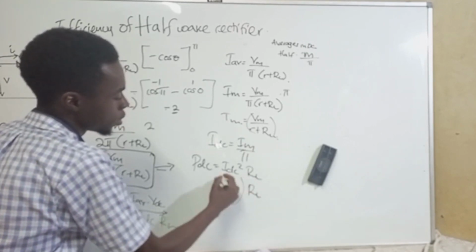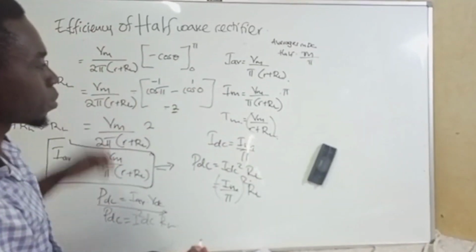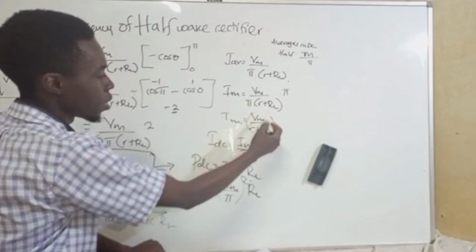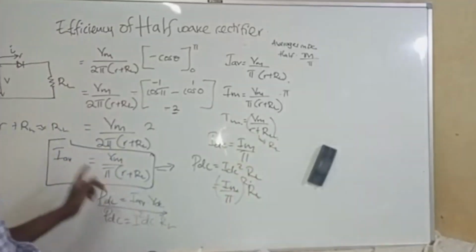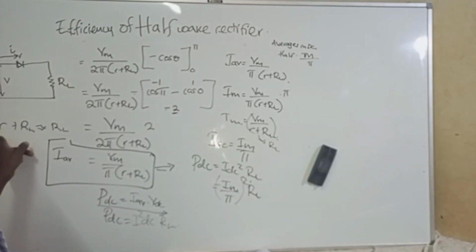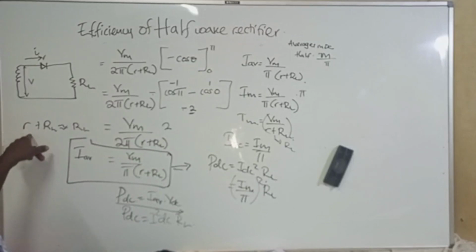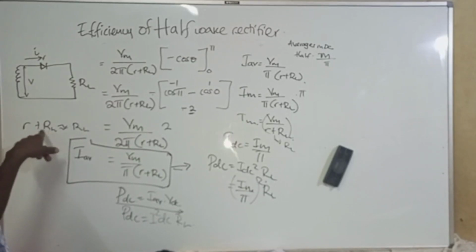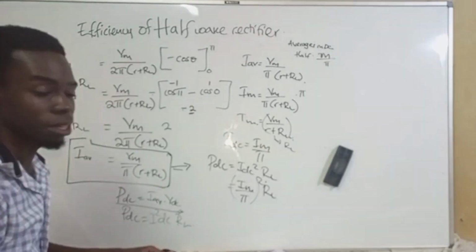The reason these two die out is simply because this R plus RL is simply equal to RL, as I had stated here: when you do this mathematics well, you realize that R is so small compared to RL that when you add them, they are almost the same thing.